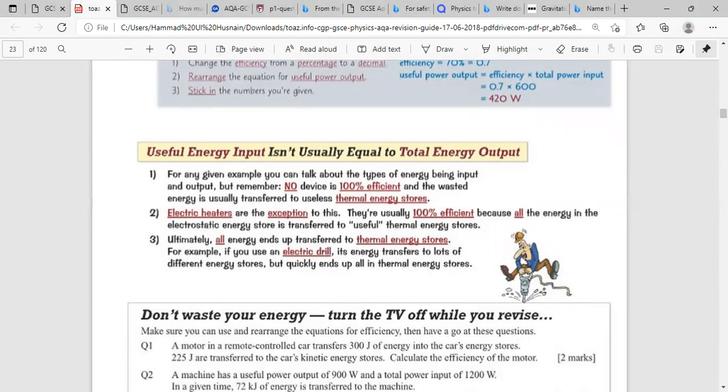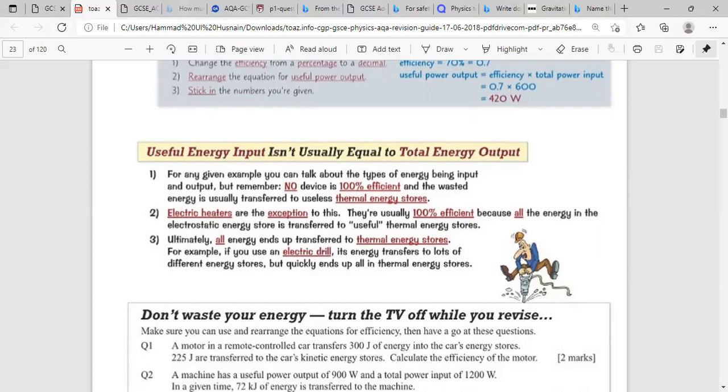There are a few examples given over here. We can read it out to understand it a bit more. For any given example, you can talk about the types of energy being input and output. But remember, no device is 100% efficient, and the wasted energy is usually transferred to useless thermal energy stored.